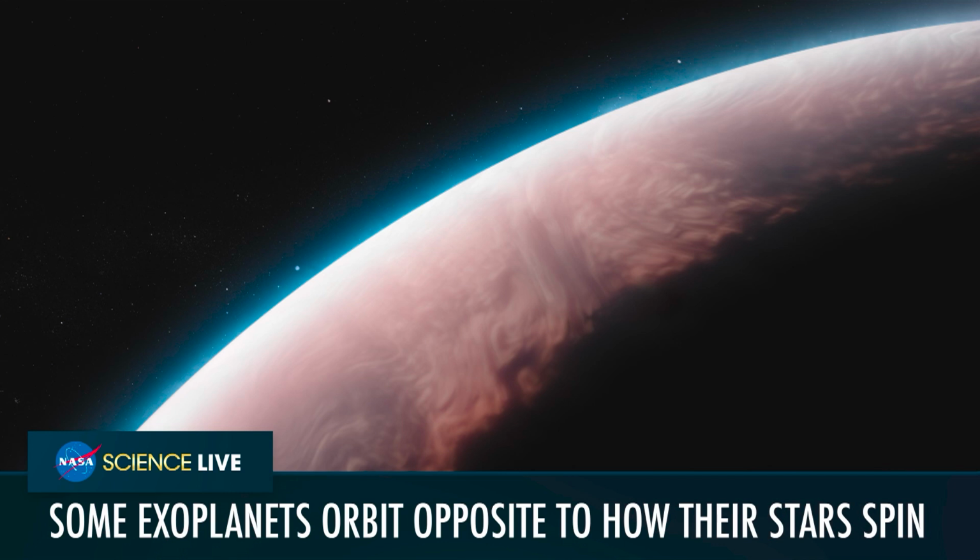And with this particular planet, we can measure the rotation direction of the star itself. We can observe that the star is moving this way, and the planet is actually moving the other way around it.